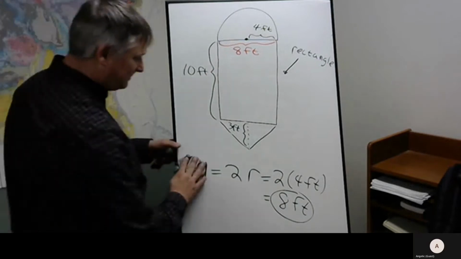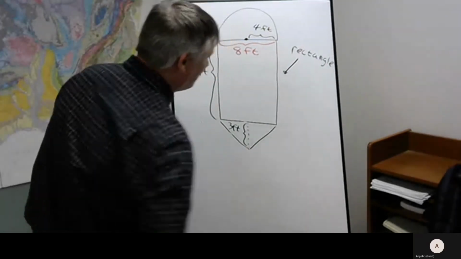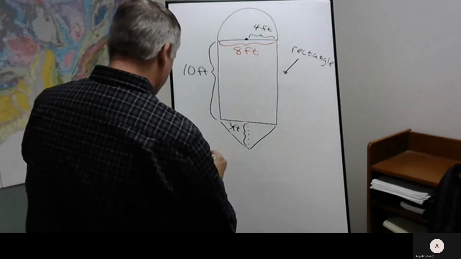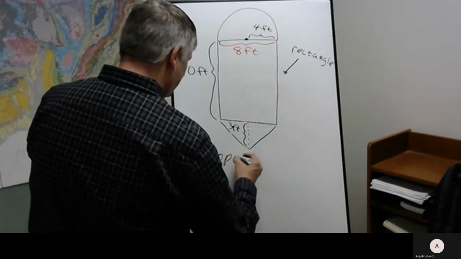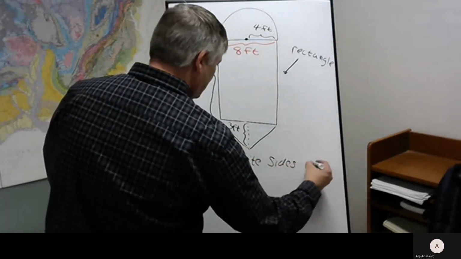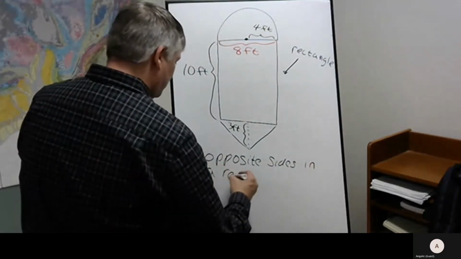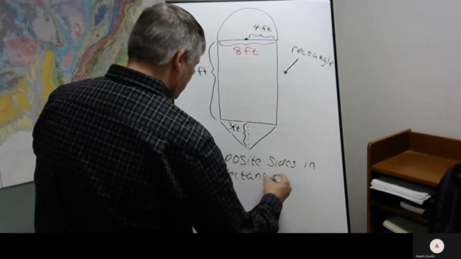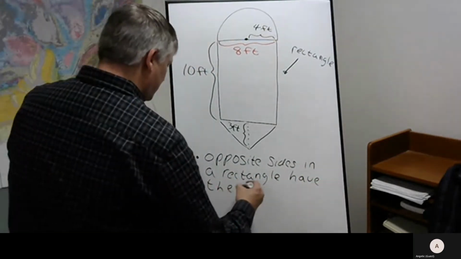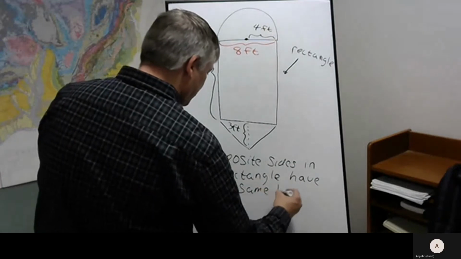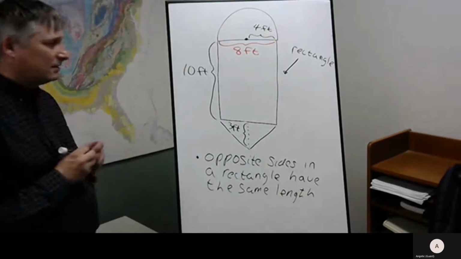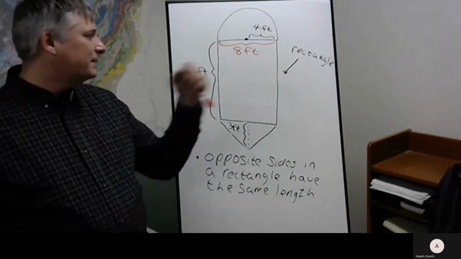So what this means is the opposite sides in a rectangle have the same length. So this will be 10 and this will be 10.